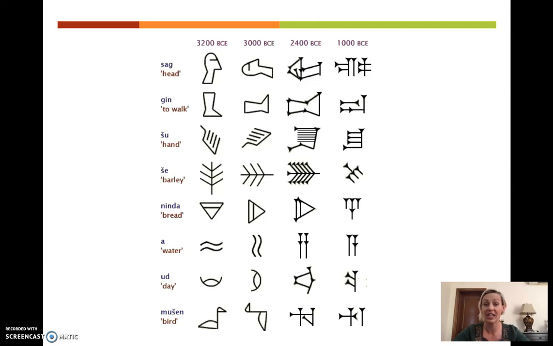So they were really pictograms. They developed from pictograms. So a head looks like a head, and barley looks like barley, and a bird looks like a bird. Now, then when they became associated with particular syllables, they kept changing, and in the end, they really don't look like any pictures, right? They're just symbols for sounds.